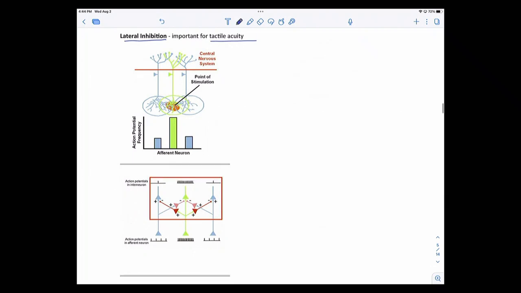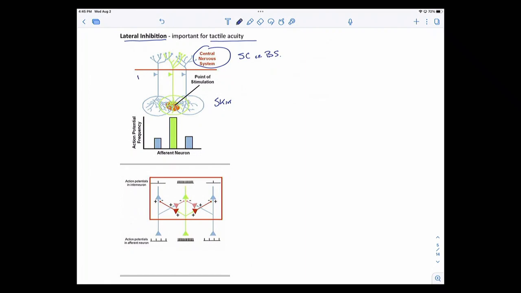First of all, let's get our orientation on this first drawing here. What we have is skin, and I want to emphasize that what's happening up here is central nervous system, so it's either going to be spinal cord or brain stem, depending on which nerves we're talking about.